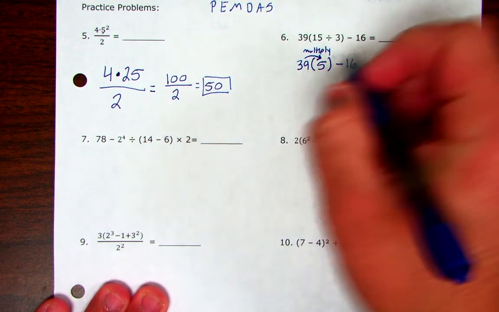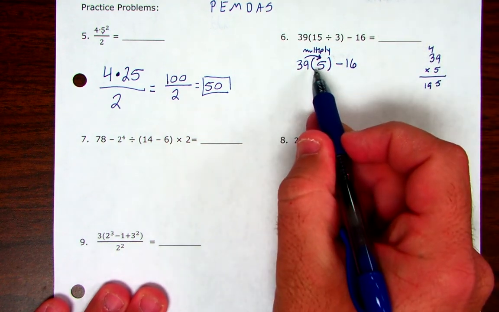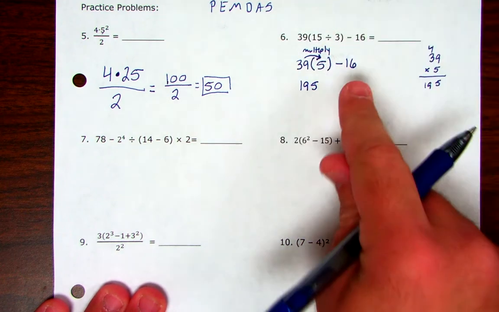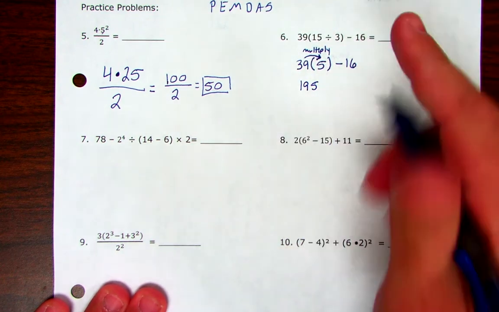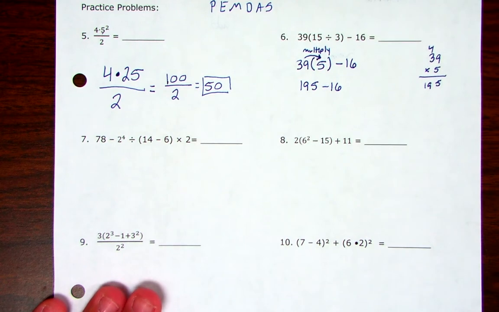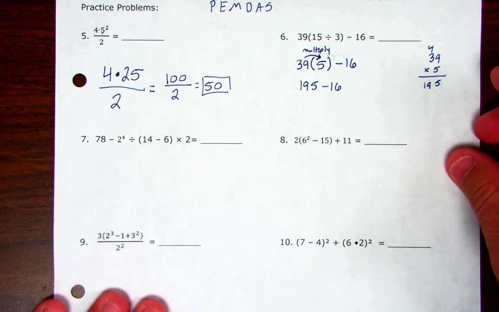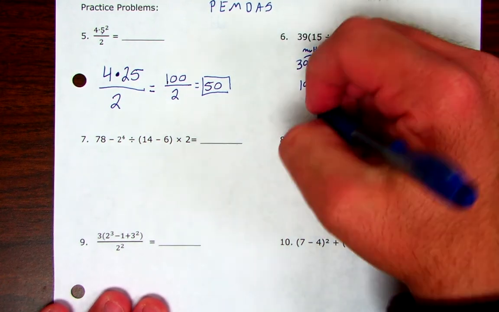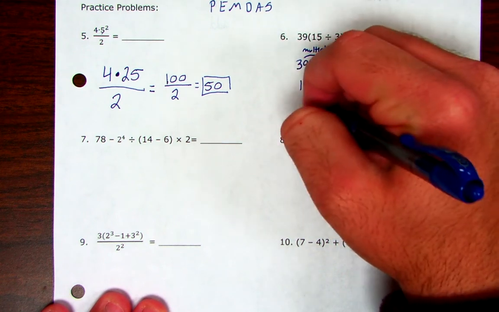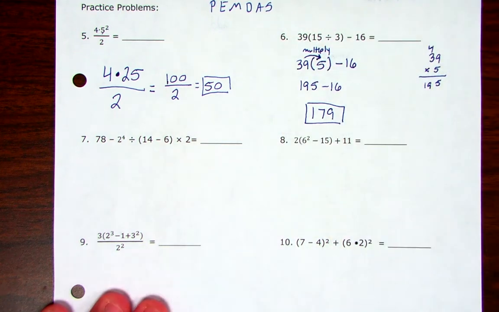So 39 times 5 is 195. And I still haven't touched the minus 16, so bring it down. What is 195 minus 16? Well, when you do that math, you should get 179. That is your answer.